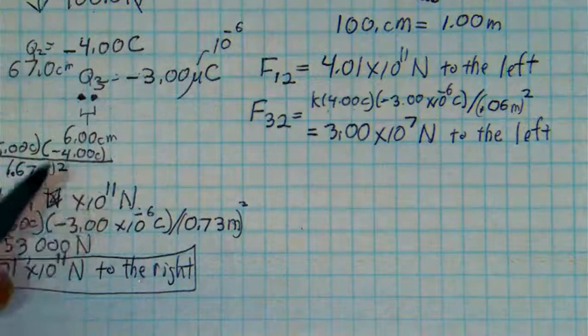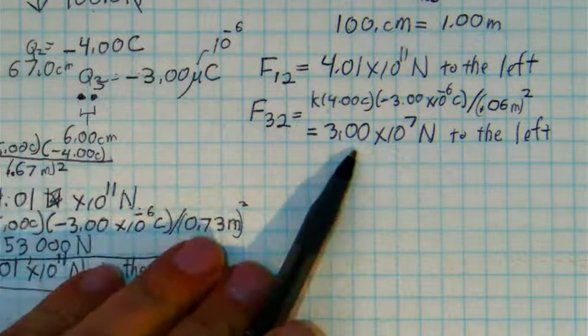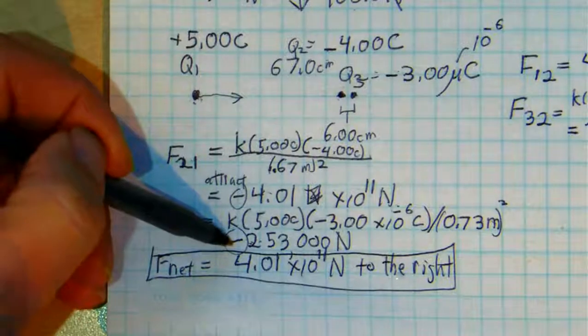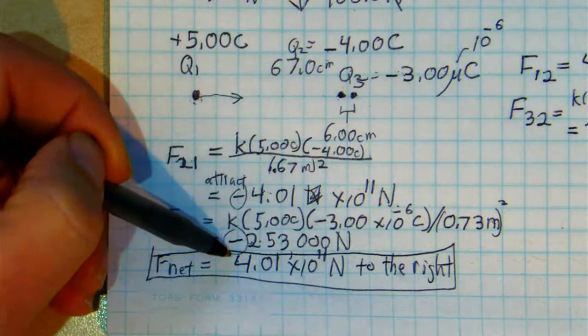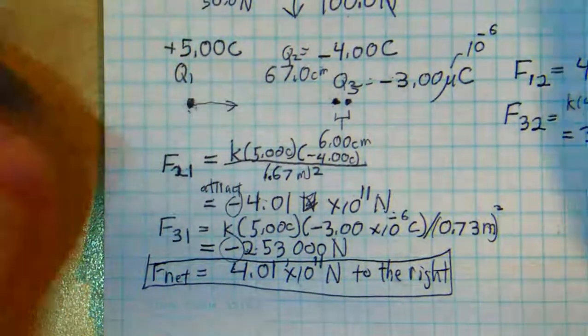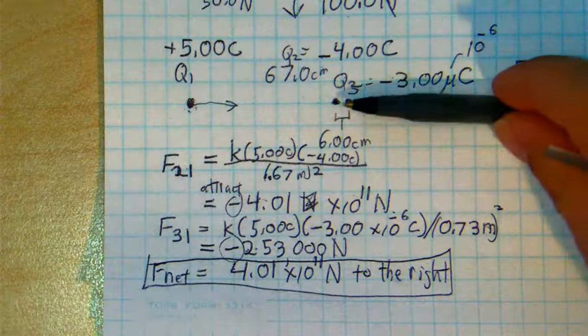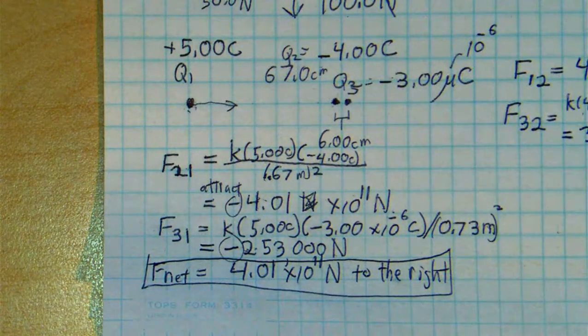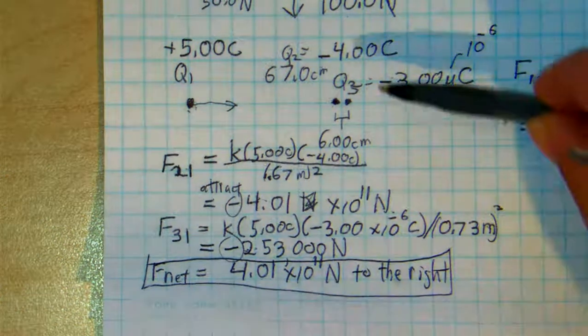And why is it to the left? This one is positive. The previous one was actually negative on the calculator. But the difference is the geometry. Negative means it is attracting. Q1 was pulling Q2 to the left. Positive means you're repelling.